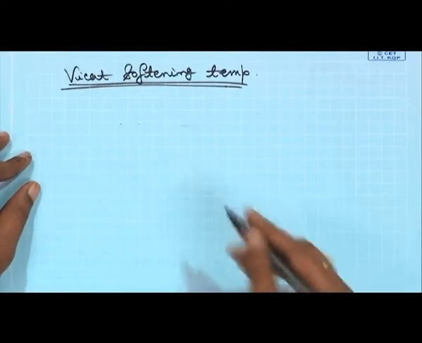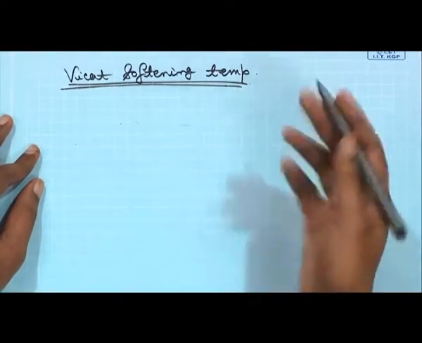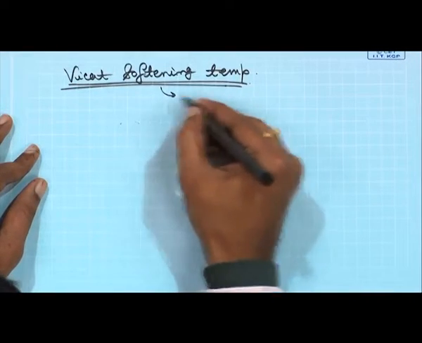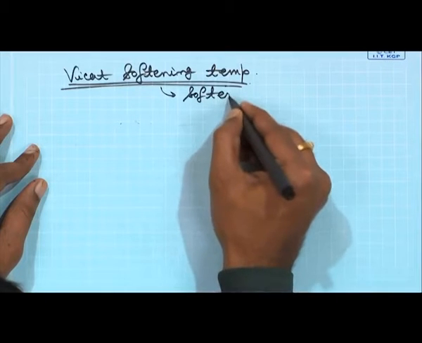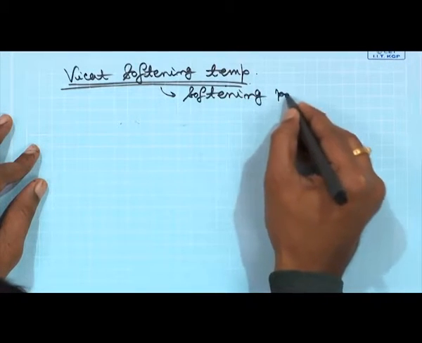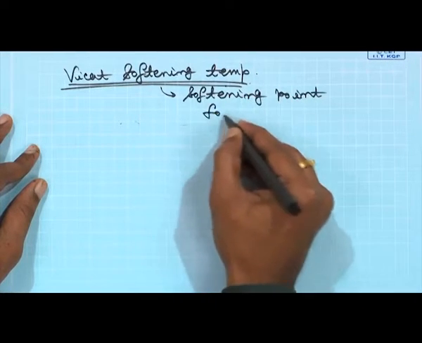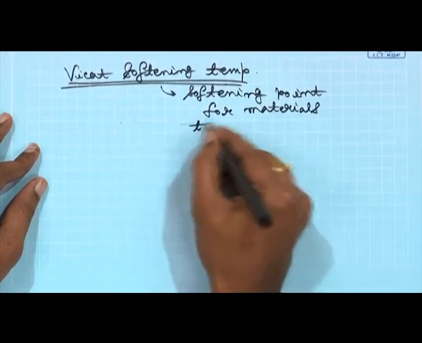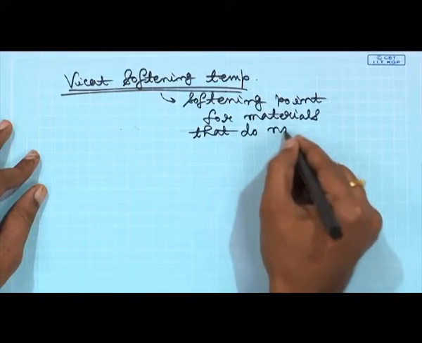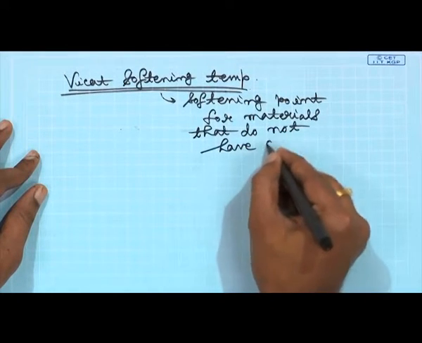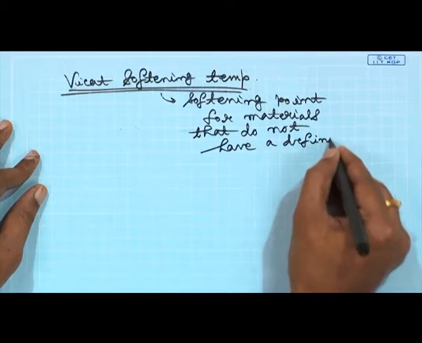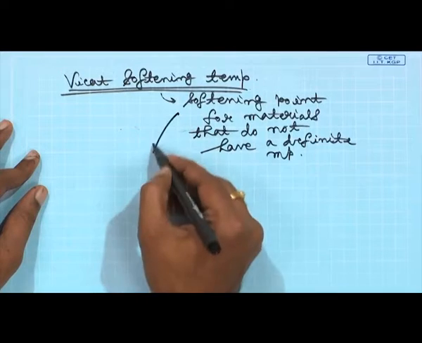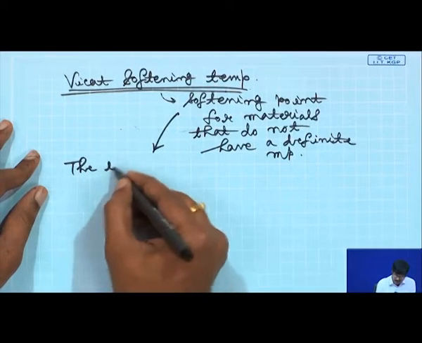So, basically this temperature will determine the softening point for materials that do not have a definite melting point. How do you determine this?